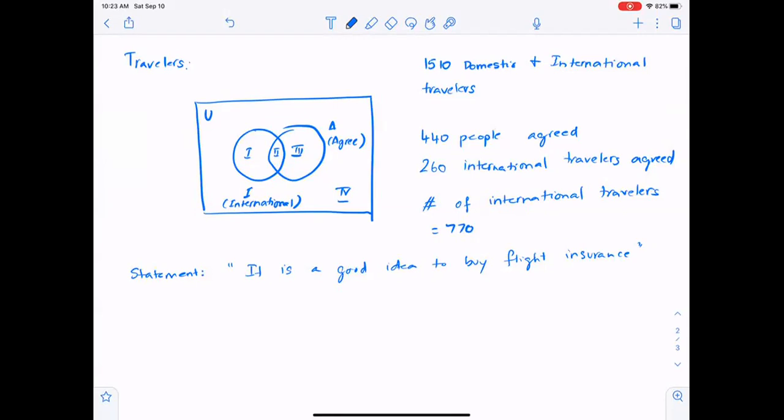We have a few bits of information in the problem. 440 travelers agreed with the statement. 260 international travelers agreed with the statement. The number of international travelers that we sampled or observed, 770.